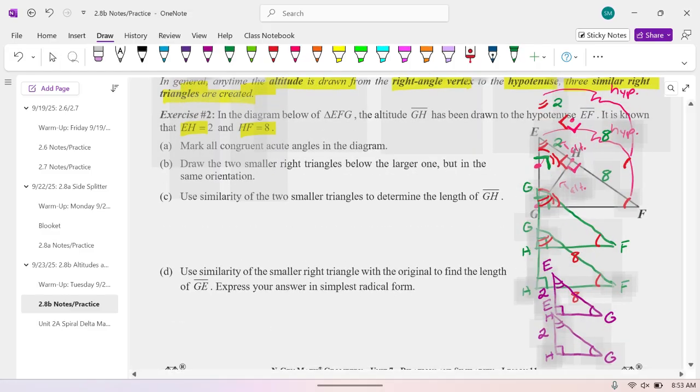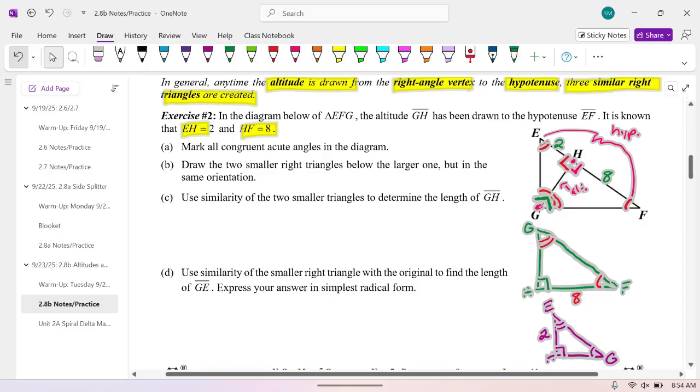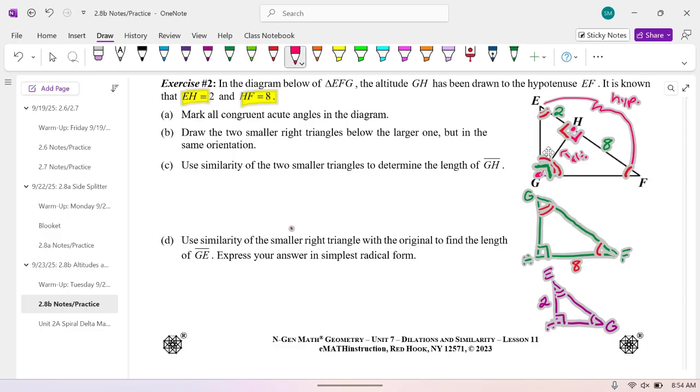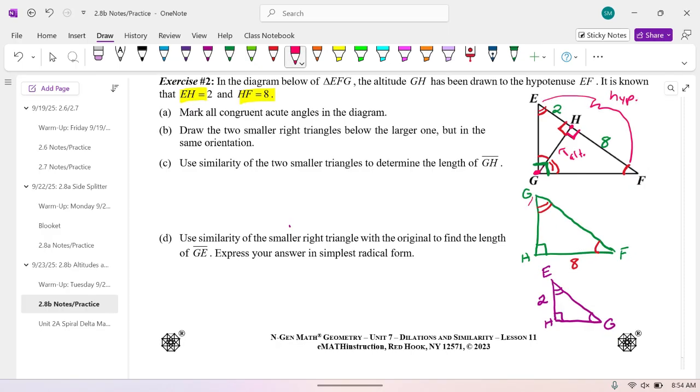Now, using what we know about similar triangles, we need to determine the length of GH. So we need to try and determine this length here for both of them. Not GH. Oops. So we're determining the length of GH or the altitude. Now, we know that the green triangle is similar to the purple triangle.